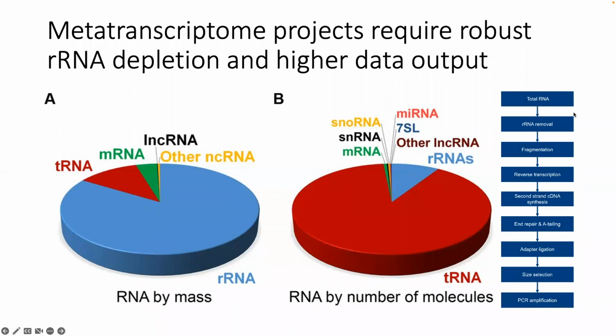So here's the generalized library workflow, right? Total RNA, we're going to remove the ribosomal RNA. Fragment, just like all library productions, reverse transcription, second strand cDNA synthesis, and repair and tailing, adapter ligation, size selection. This can be very important. Ideally, you'll want to ensure that your fragmentation is uniform.